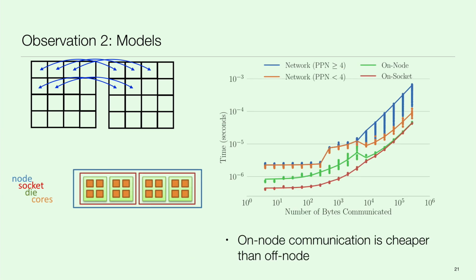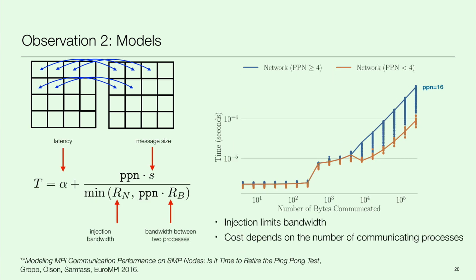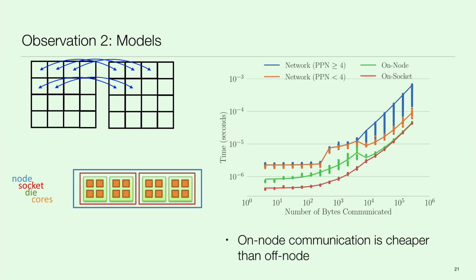Let's go to another model then, too. We can extend that, this max rate model, to all kinds of different levels in the machine. And so in this one, there's more than 4 communicating processors. There's less than 4. There's even communicating on node, just between processors on node, or we can even drop that down to on socket.